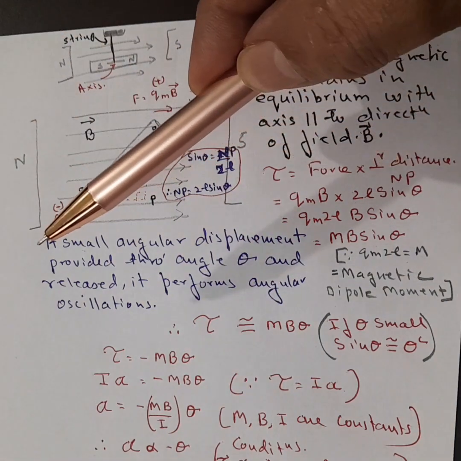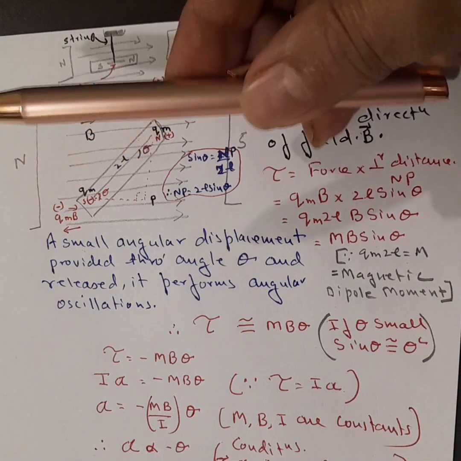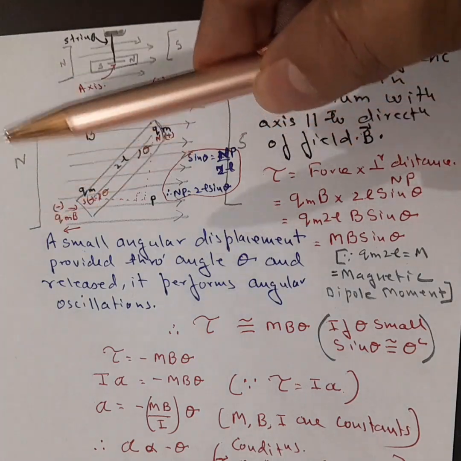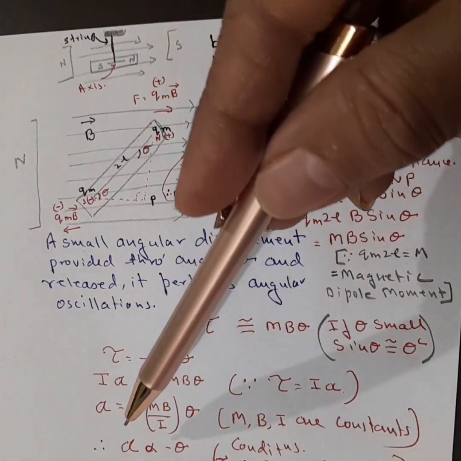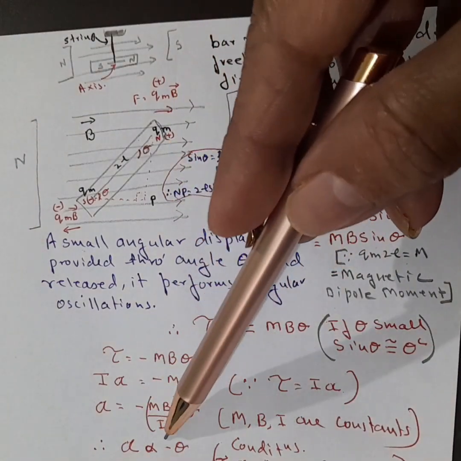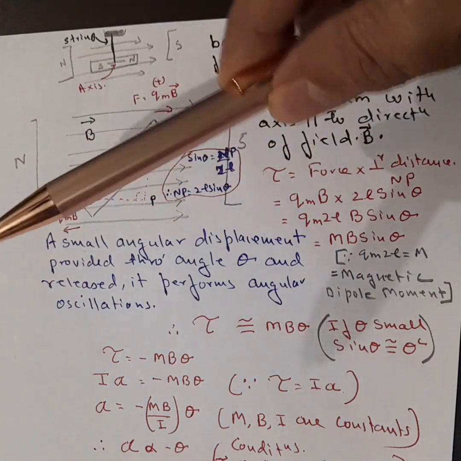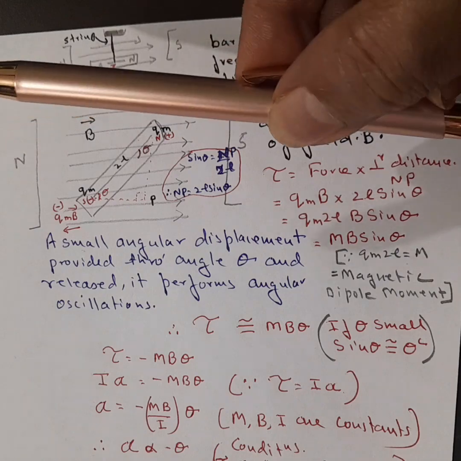Theta was in this direction and the acceleration due to torque was in this direction, so they are opposite, hence negative, and at the same time the more the deflection, the more the acceleration in the reverse direction.